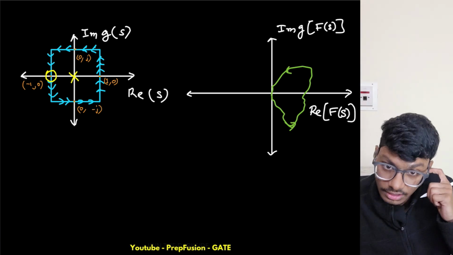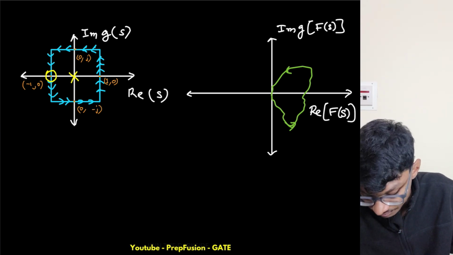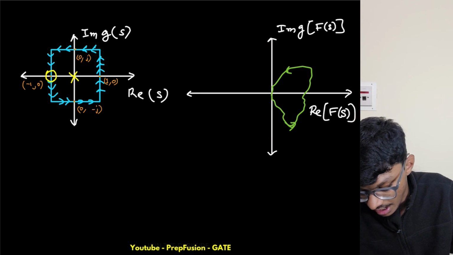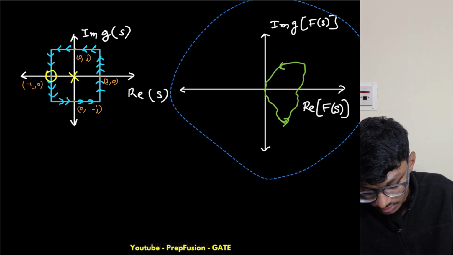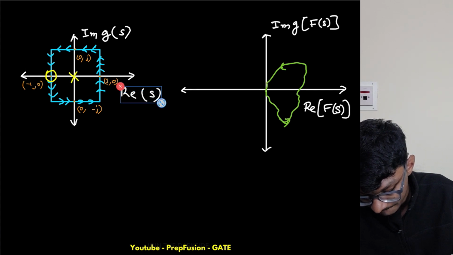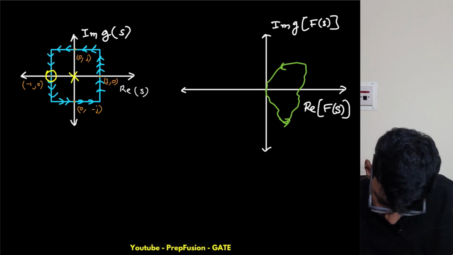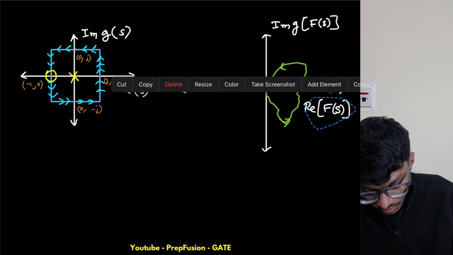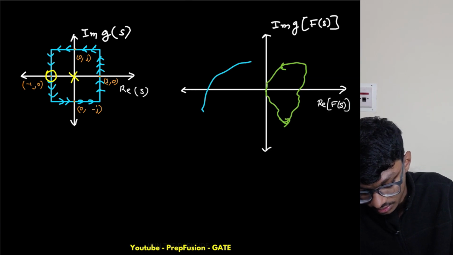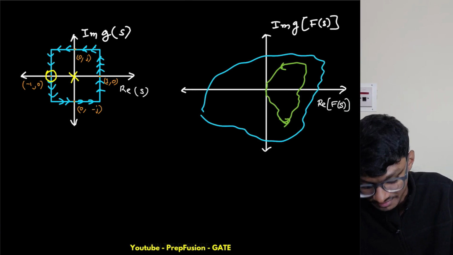Now I will have another contour. The direction of this contour will be clockwise, and it will cover the origin. Let's say this is my other contour, a very bad, rough drawing.